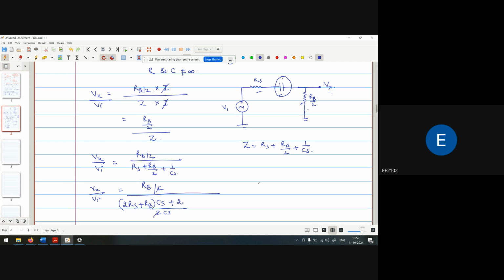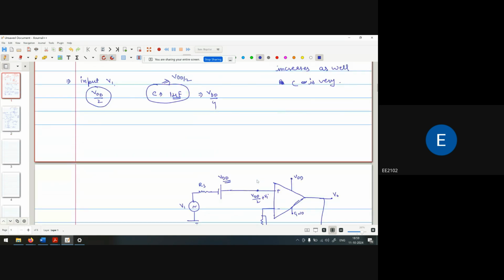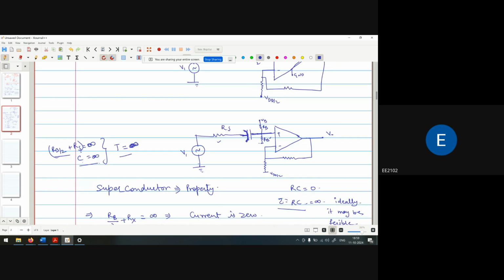And the 2 and 2 cancel out, so what remains is Rb times Cs upon 2Rs plus Rb times Cs plus 2. So this is the output upon input voltage, that is basically at the input side of the operational amplifier at this point. This voltage is Vx.